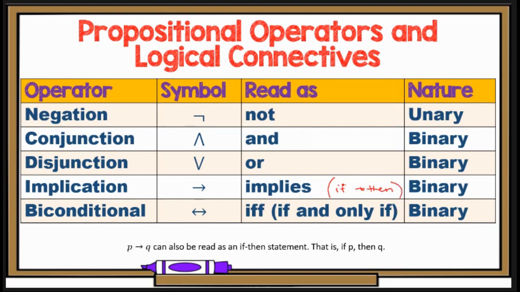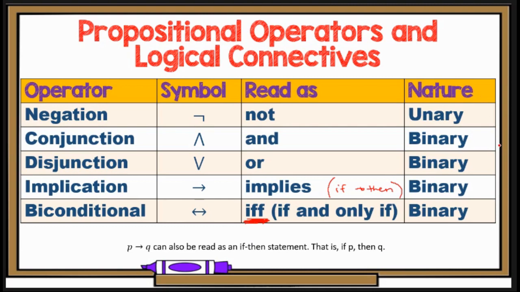So kapag nakalagay siya sa if-then format, that will also qualify as an implication. Now, for the biconditional, double arrowheads, makikita nyo to madalas, kapag meron akong ganitong isinulat, IFF. That is read as if and only if.